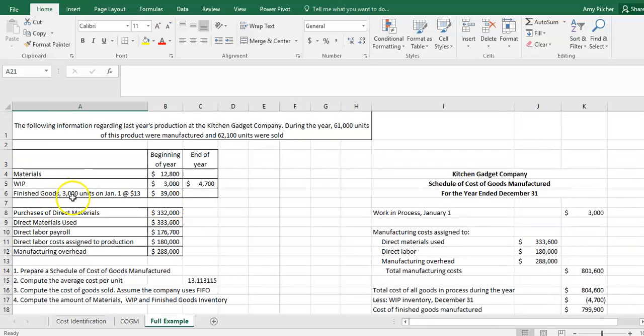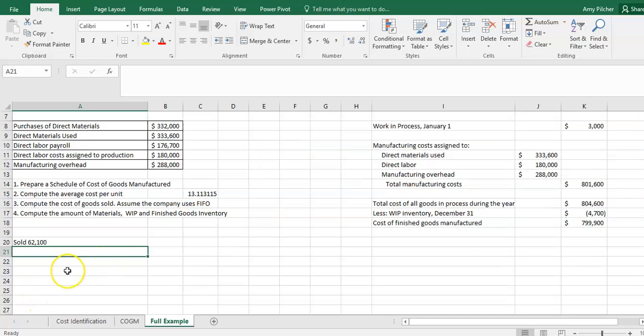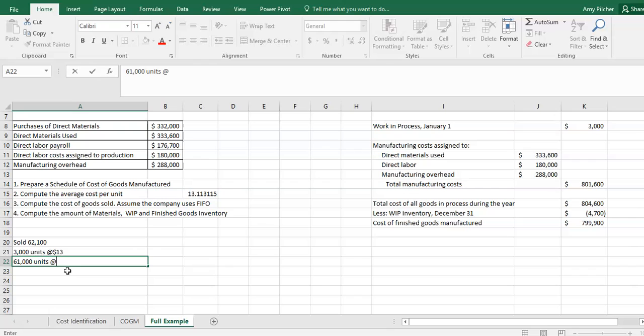We have an inventory, 3,000 units at $13 a unit. And we just manufactured 61,000 units at $13.11.